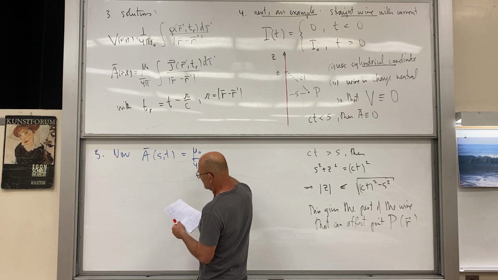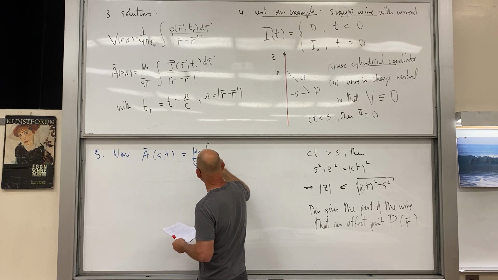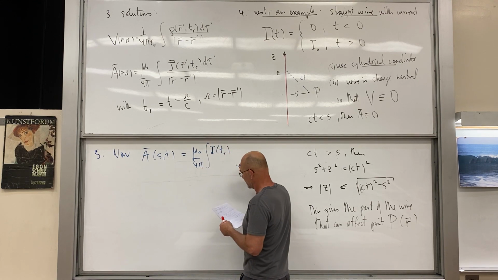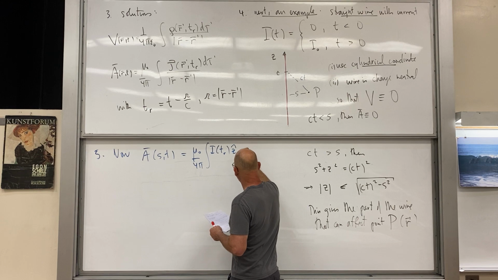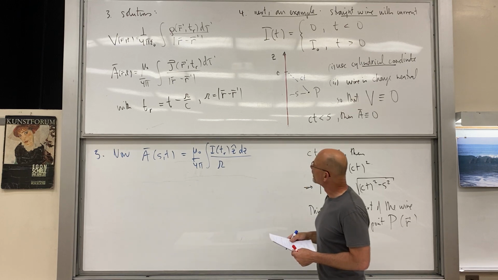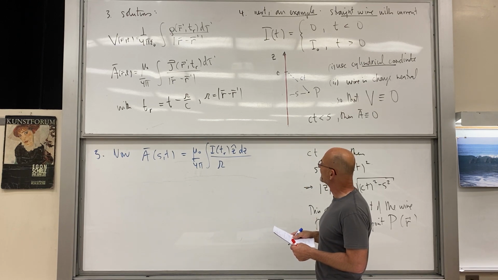Actually, let me go back a step. Mu naught over 4 pi, I of t sub r, z hat dz, and there's my r minus r prime.